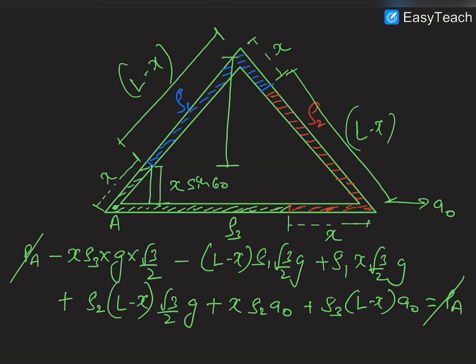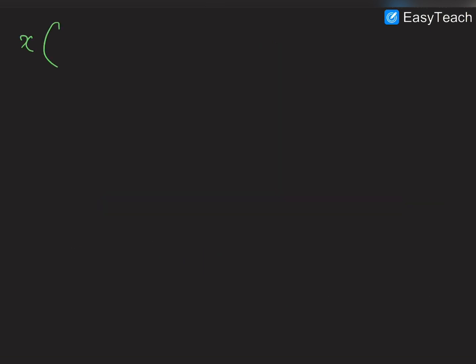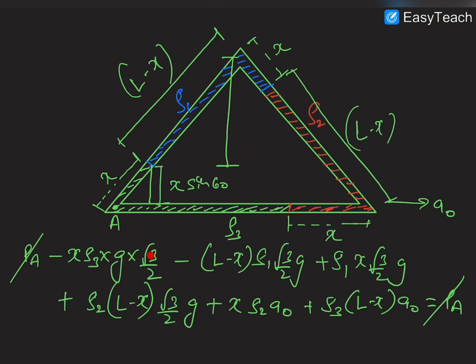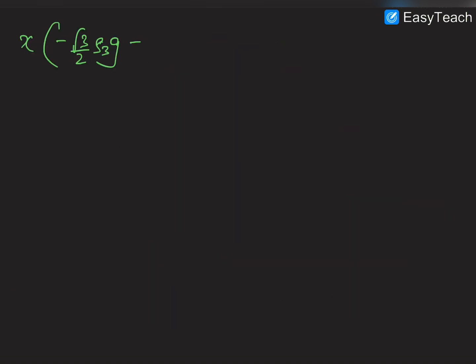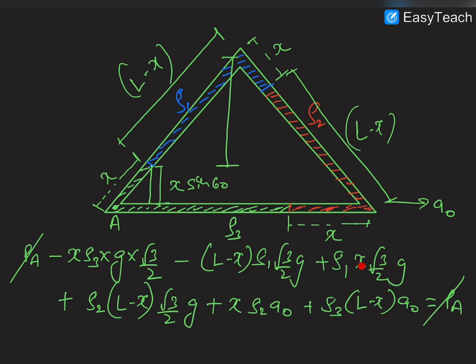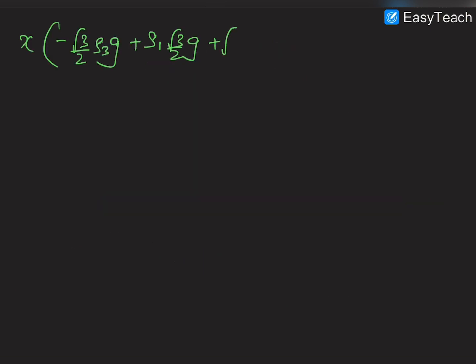Yes. So you can see that if we take x common from these terms, it would be x common, and it would be minus rho 3 into root 3 by 2 g, minus root 3 by 2 rho 3 g.